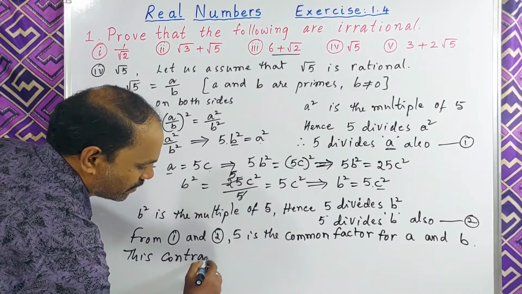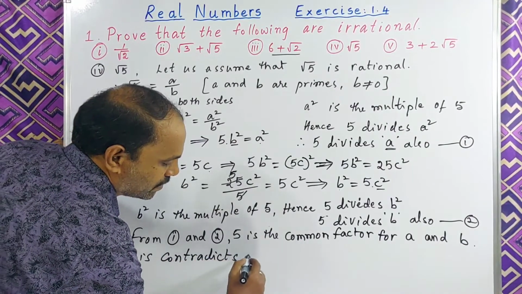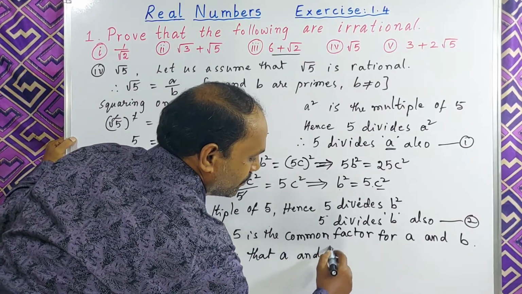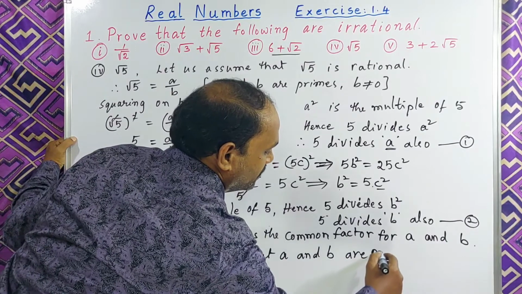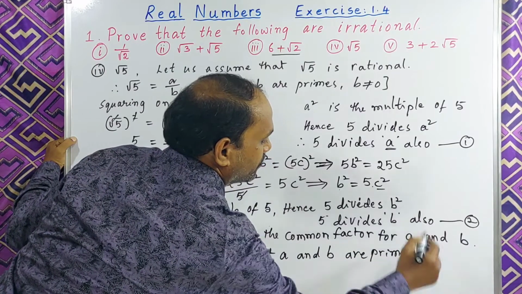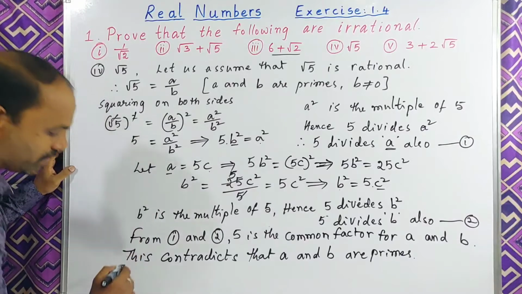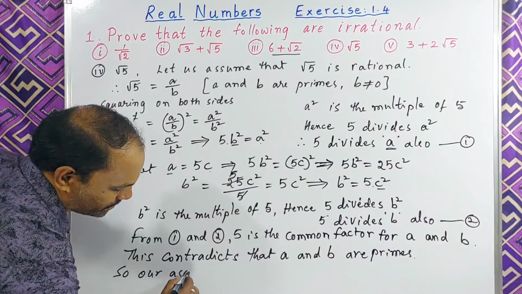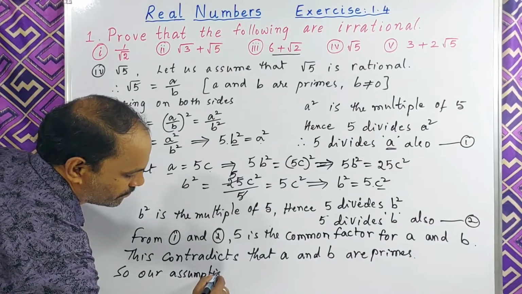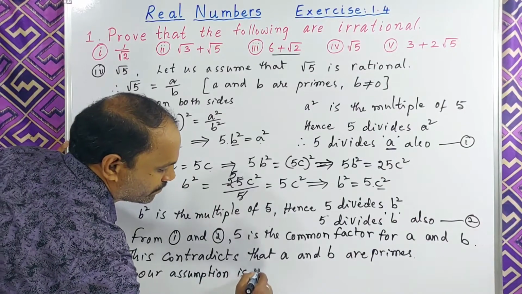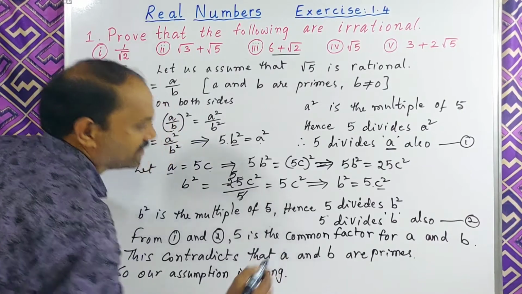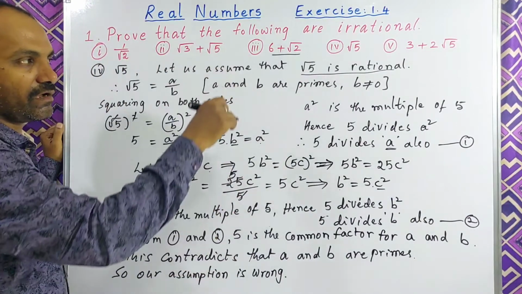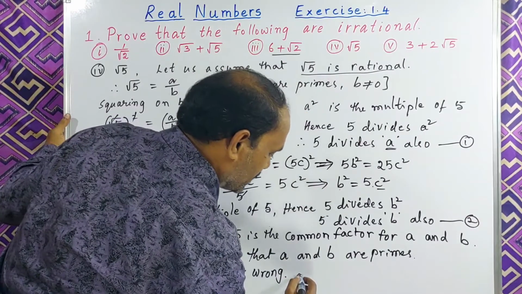So our assumption is wrong. What is our assumption? Root 5 is rational. That one is our assumption, and that one is wrong. It means root 5 is irrational.